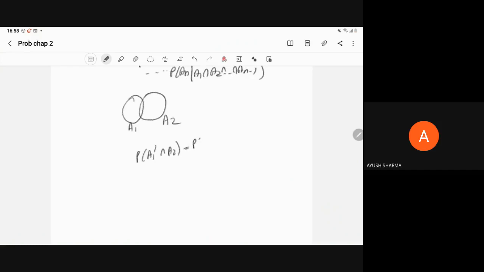So this is the P of A1 dash into P of A2, and it is true when A1 and A2 are independent. Till now, I have not told you this part, independency, but here we are using the concept of independency. So for this, it will become 1 minus R, or for 1, it is Q.